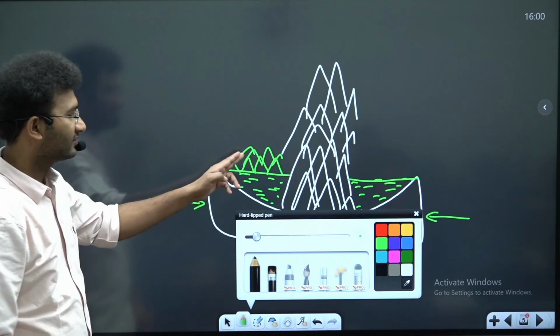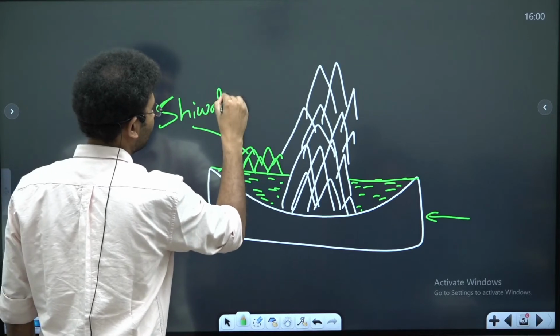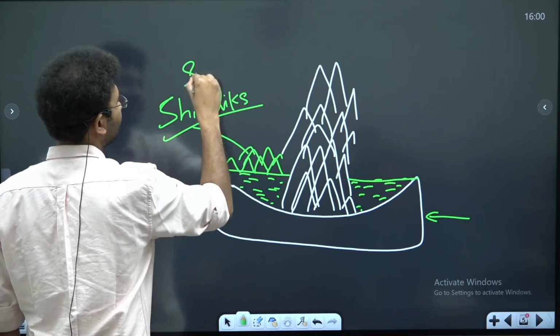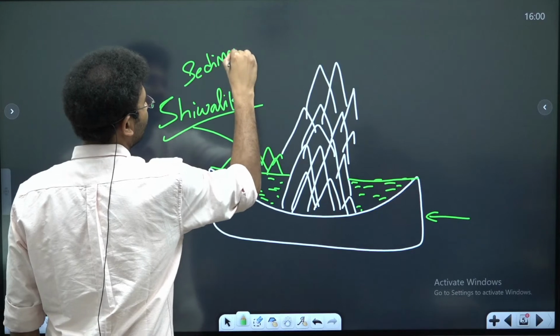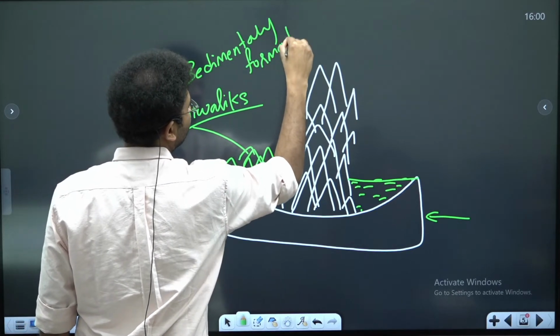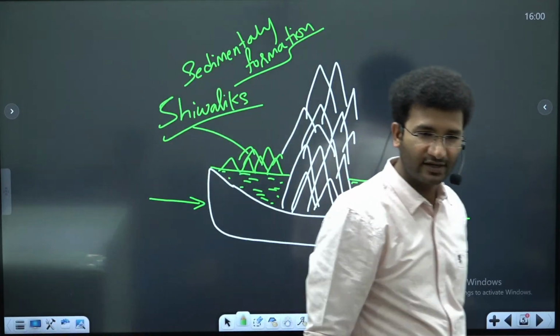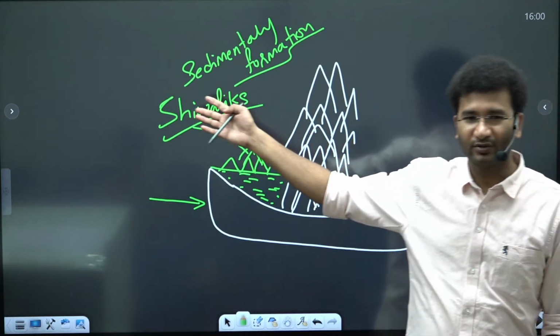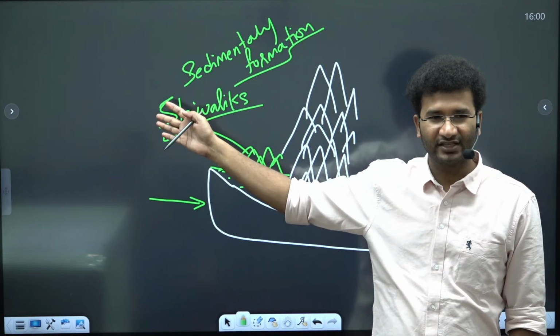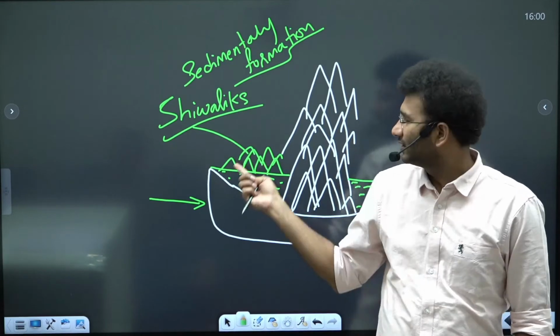Now what is this? Shivaliks. Shivalik sediments. These are Shivalik sedimentary formations in the foredeeps, right? You go to Haridwar, you go to Rishikesh, the mountains that you see there next to them are the Shivaliks. Go to Kasauli here, it is made of soil.